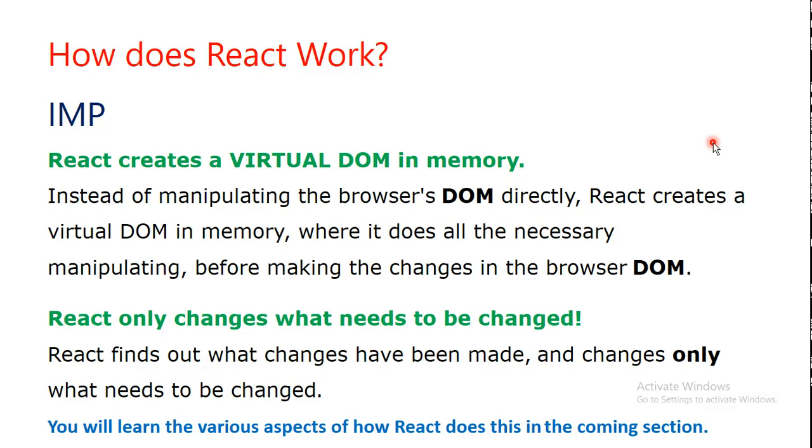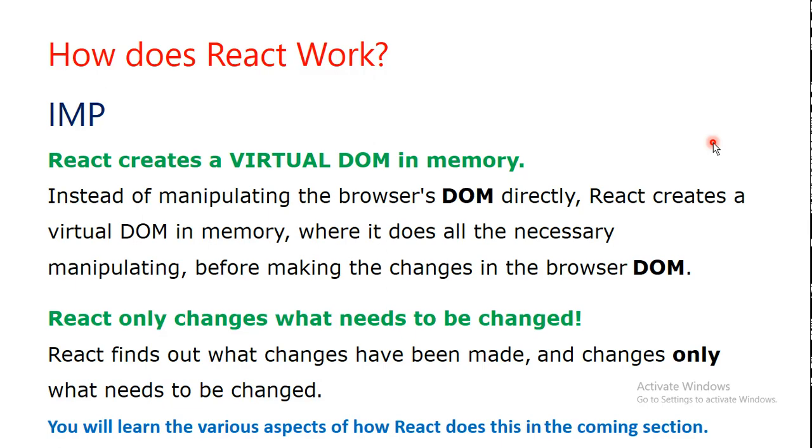A real DOM only changes what is needed to be changed. Okay. So in the sense, what they are telling is the real DOM is there, na? So since all the things will be done over here only, in the virtual DOM, sometimes we'll be changing again, sometimes we'll be altering, sometimes all the things will be altered and so on, right?